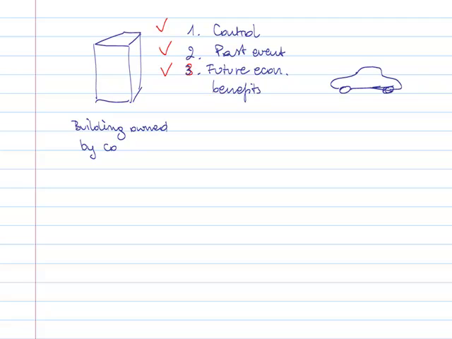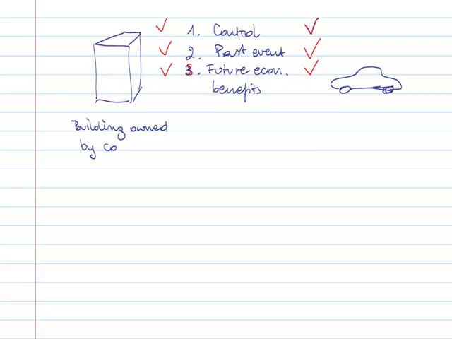Control, yes, we own it or we leased it. But if we have all the risks and rewards resulting from that contract, we still control it. Past event, obviously we signed a contract or we bought the car. Future economic benefits, yes, if we bought it for the company, there will be some future economic benefits from that car.